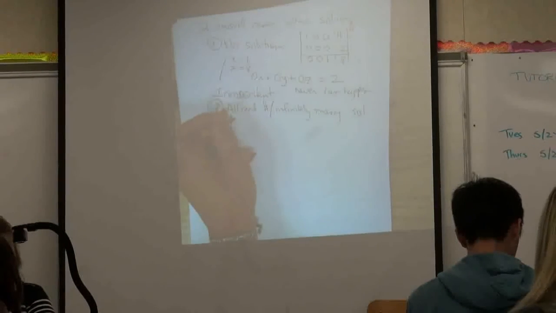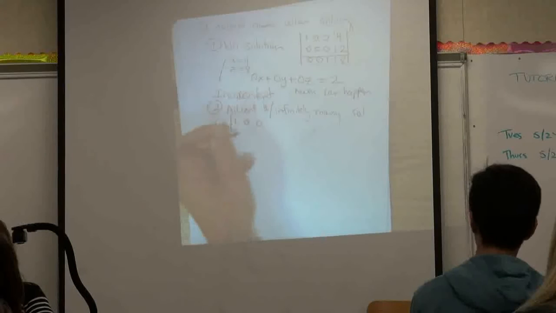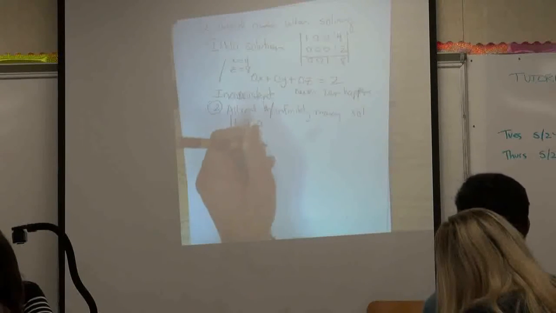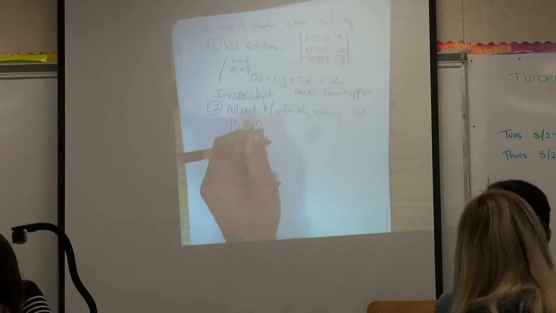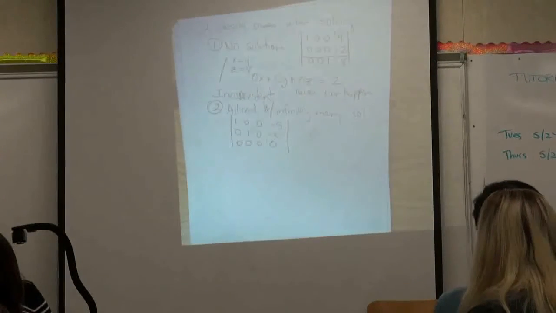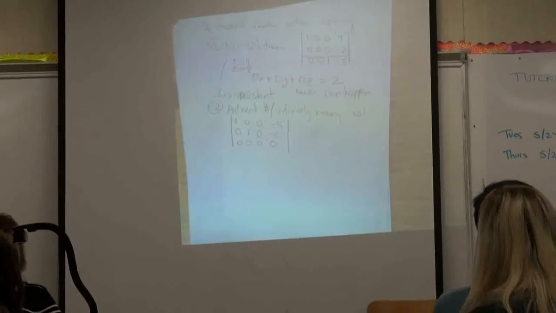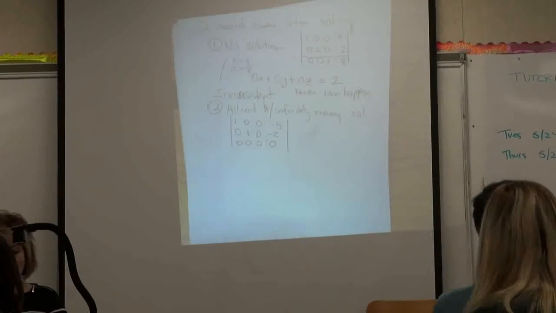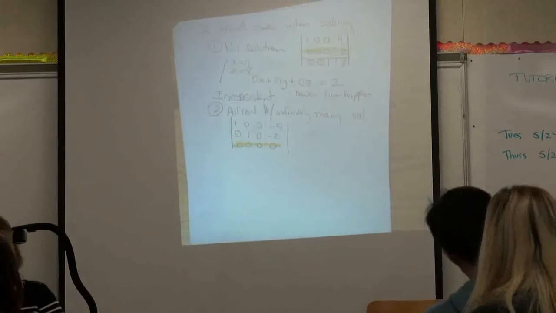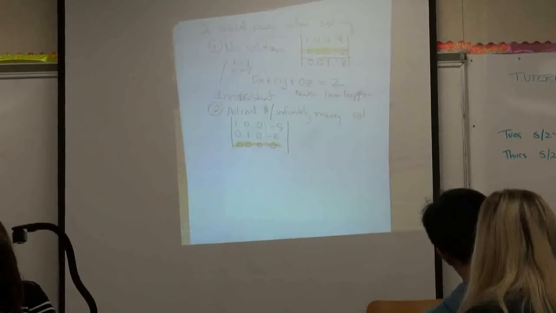It does not matter what row it was. If one of the rows has four zeros in a row, that just then created all real numbers.